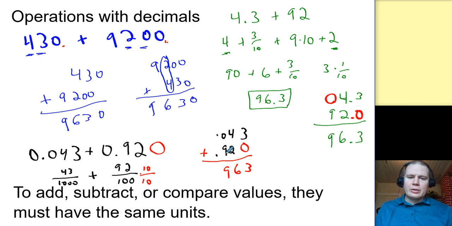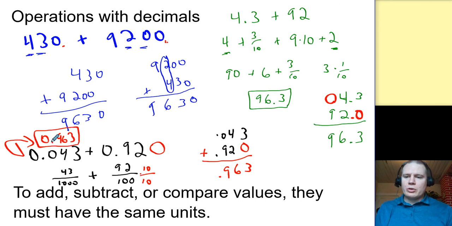So I have 920 thousandths plus 43 thousandths, 963 thousandths. And without that decimal point, it would just be 963, right? That decimal point is telling me this 3 is in the thousandths place. So my sum here is 0.963.